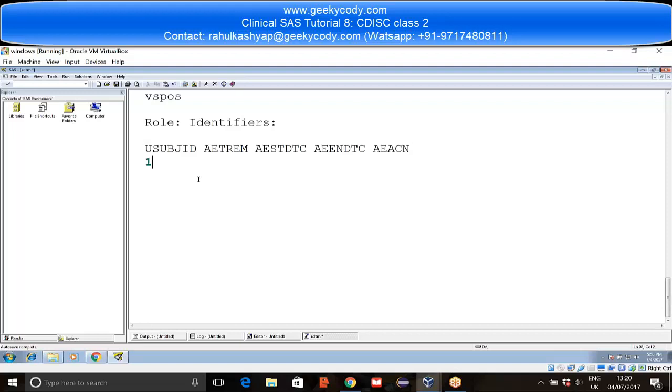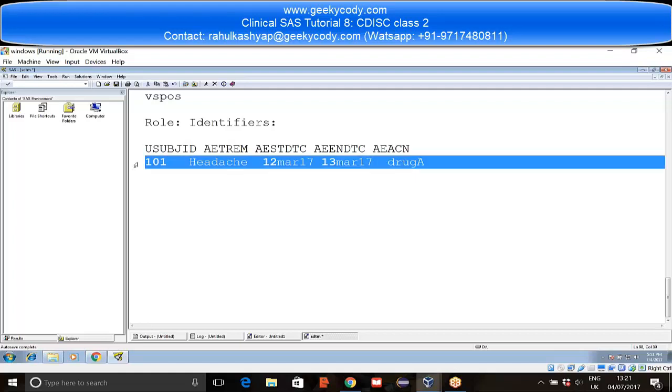Now here, unique subject ID 101 is having headache, started on 12th March 2017 and ended on 13th March 2017, and action taken is some drug A. Now which variable is identifying the record? 101, right?